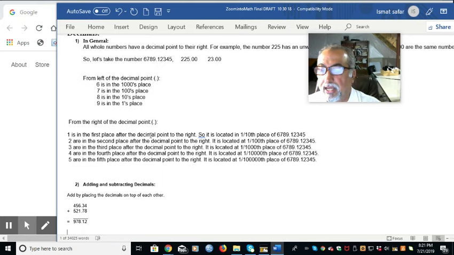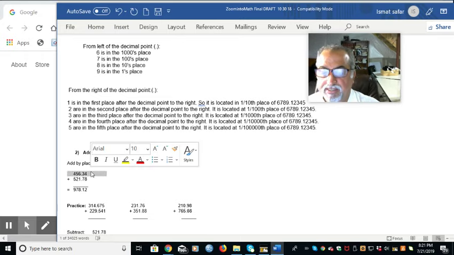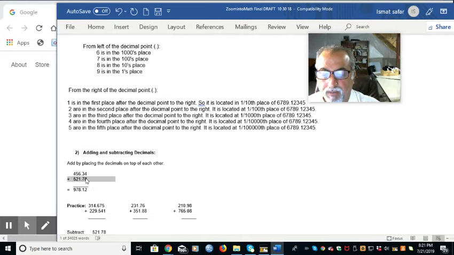Okay, now let's add and subtract decimals. Let's have the number 456 decimal point 34 plus 521 decimal point 78. You just line them up and add them up like any other addition.